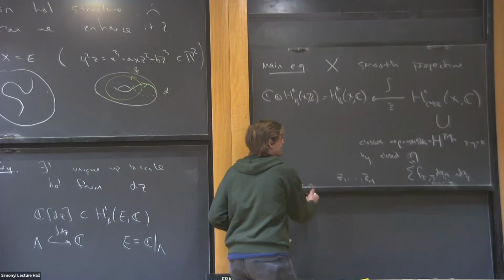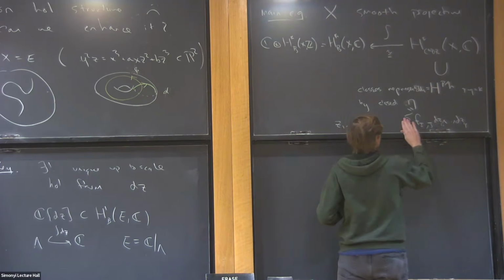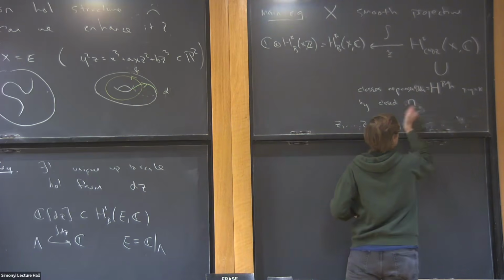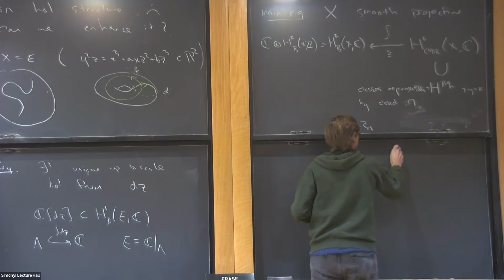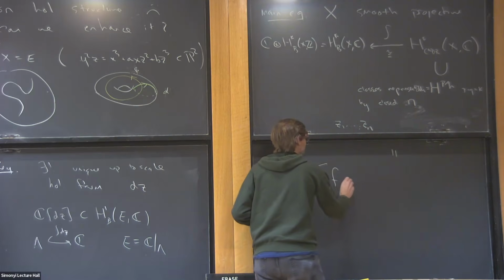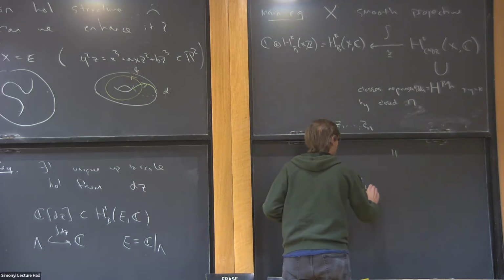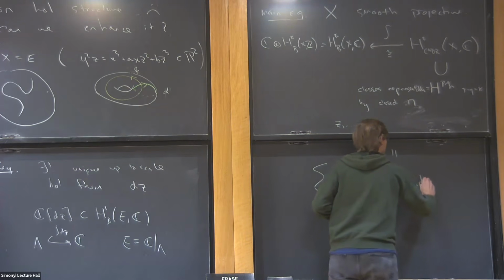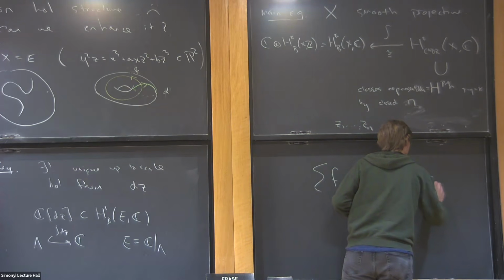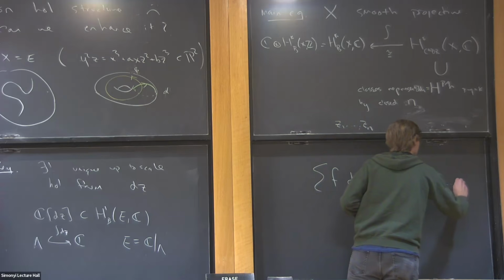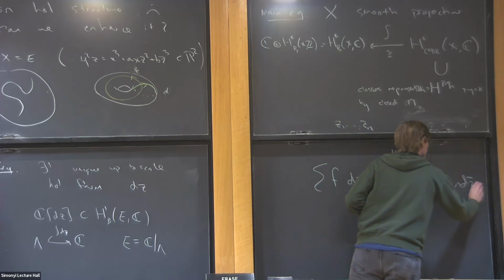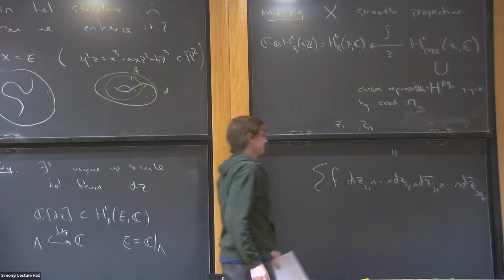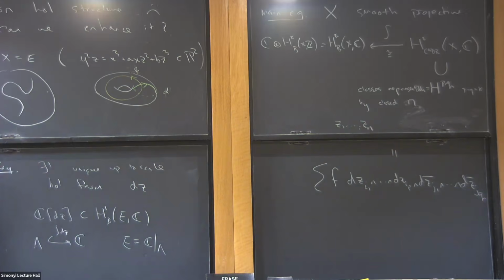Sorry, let me write this bigger and down here. So locally, I'm just saying for it to be a (p,q) form, it means locally it looks like dz_{i1} wedge up through dz_{ip} wedge dz-bar_{j1} through dz-bar_{jq}.